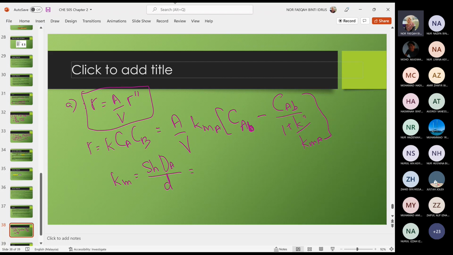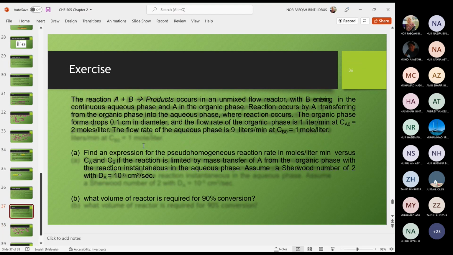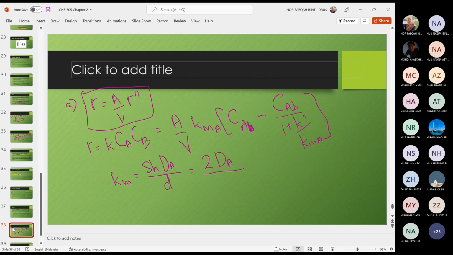Sherwood number given is 2, dA. Is the diameter given in the question? 0.1 cm in diameter. Is any other diameter given? No. The drops are 0.1 cm in diameter.